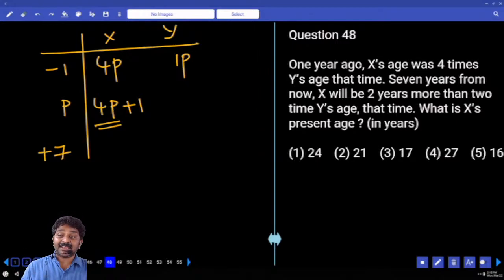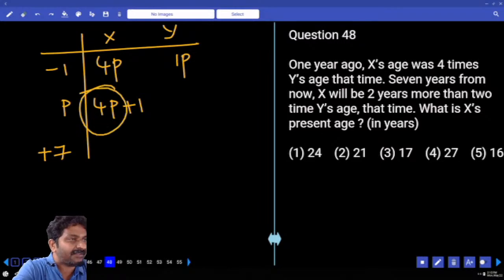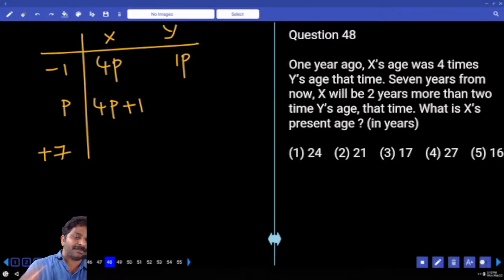Otherwise I can even say from the options, if you subtract 1, it has to become a multiple of 4. Otherwise, you know the answer must be 4 parts plus 1 only. 4 parts, even or odd? Plus 1, even or odd? So the answer must be an odd number.